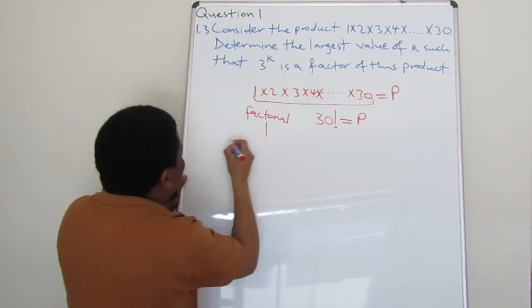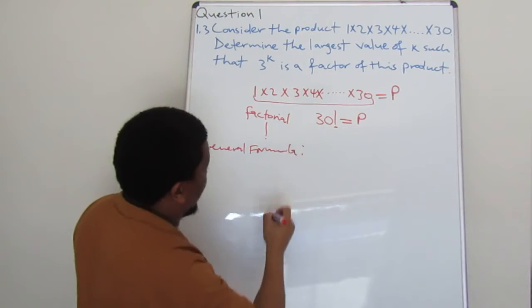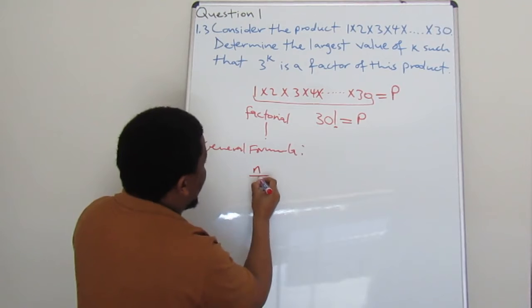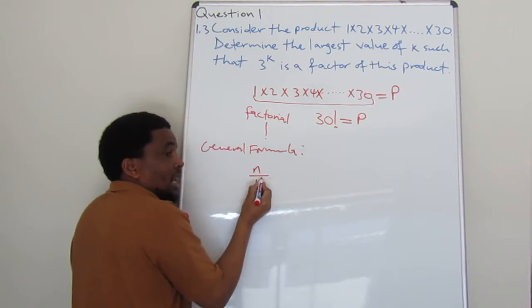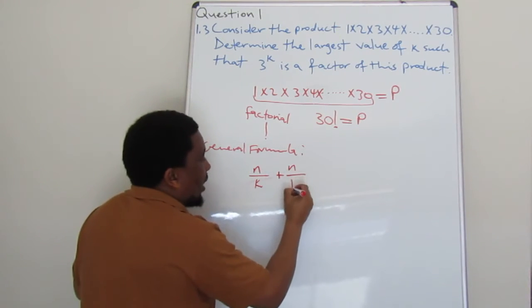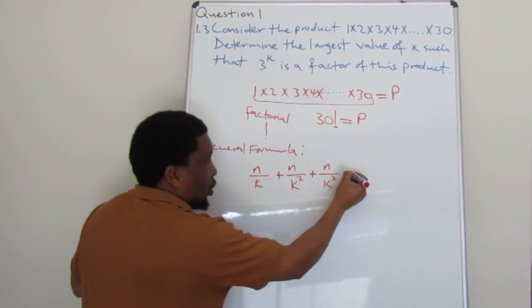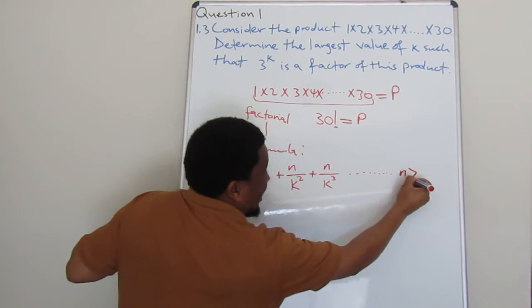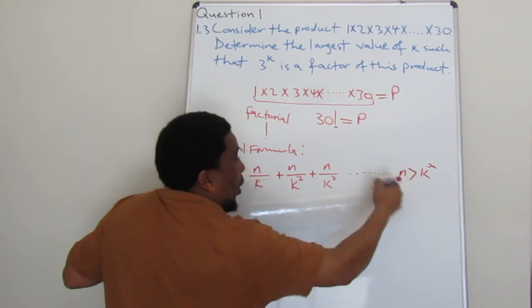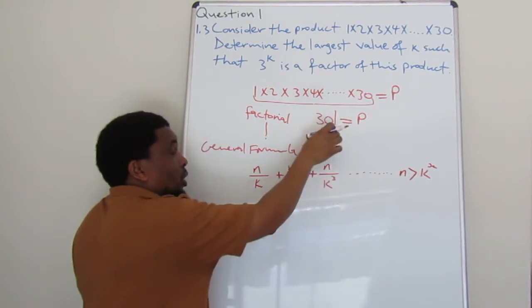The general formula to solve something like this is n over k to the power 1, plus n over k to the power 2, plus n over k to the power 3, up until it stops. Once k to the power x is going to be more than the value n, this whole thing is not going to hold.